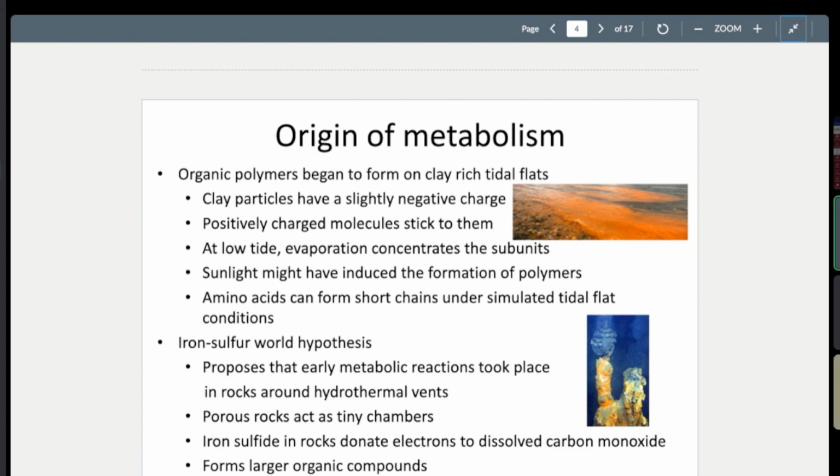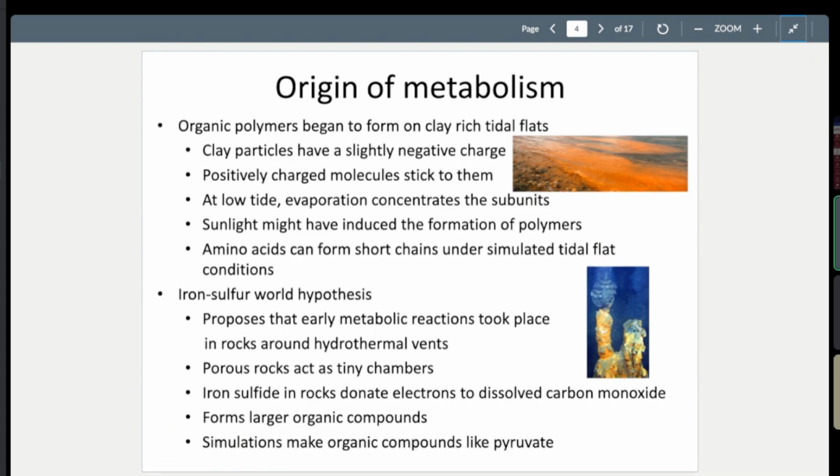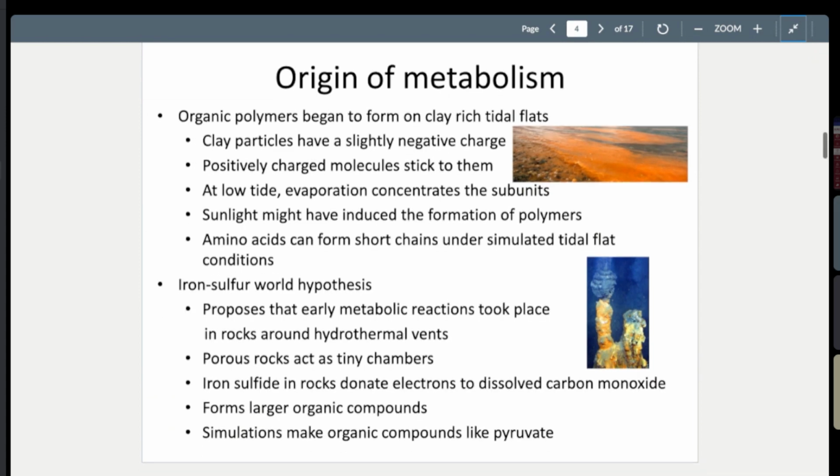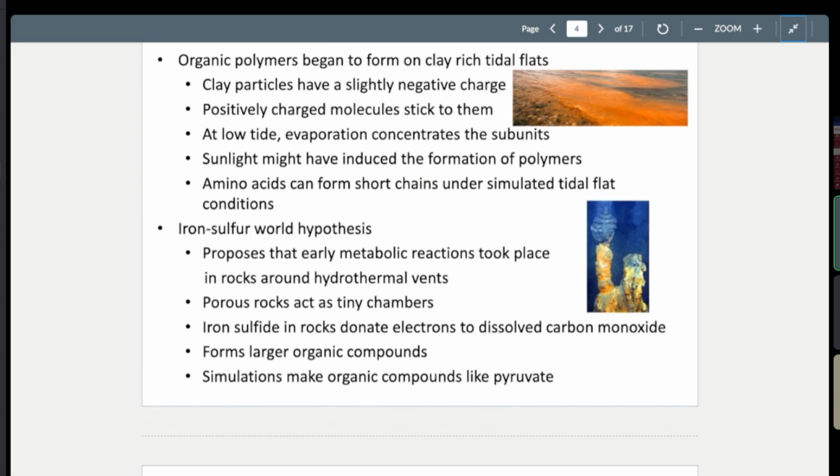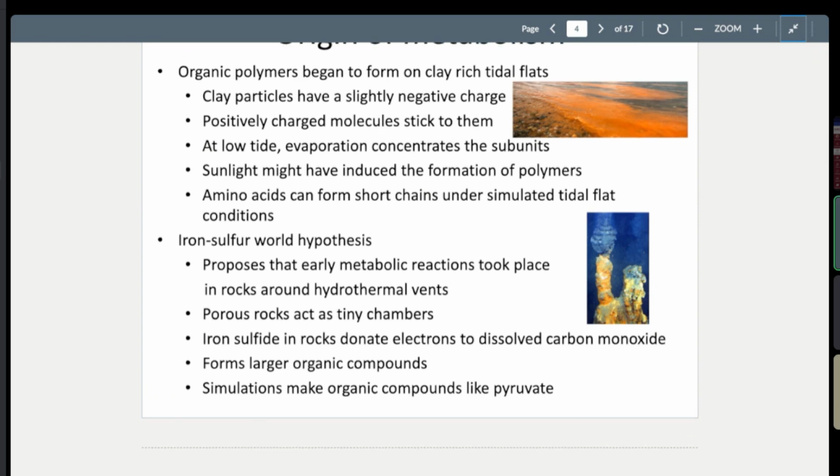And then you have the iron-sulfur world hypothesis, which proposes that metabolic reactions took place in rocks around hydrothermal vents. This is also one of the more popular hypotheses versus the clay-rich tidal flats.